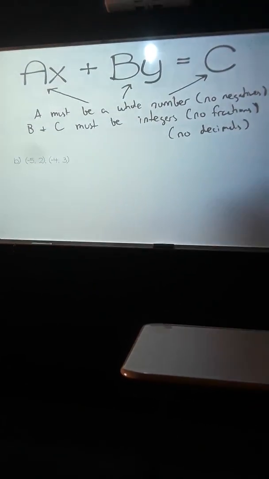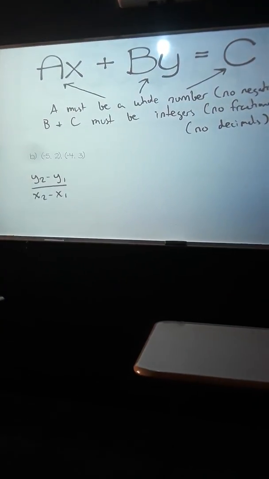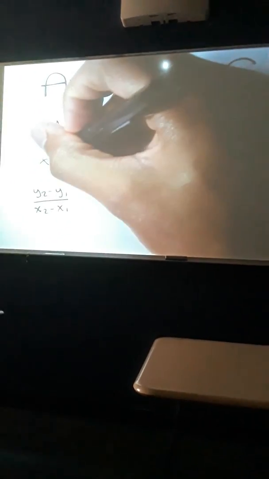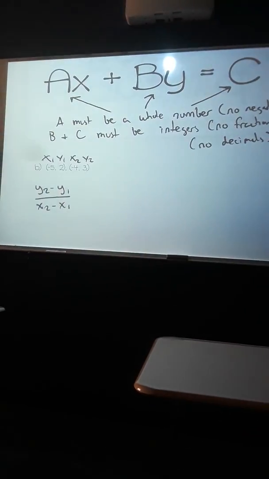Okay, our slope formula is y2 minus y1 over x2 minus x1. We're going to identify our x1, y1 or x2, y2.